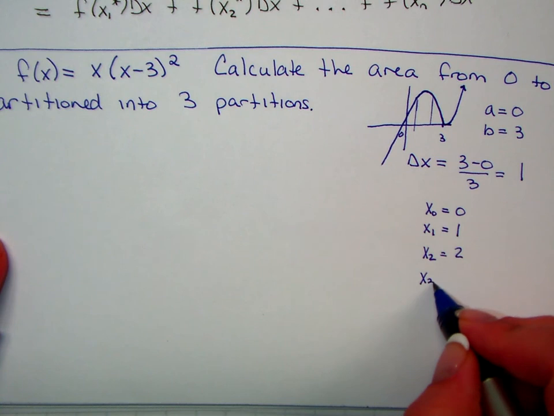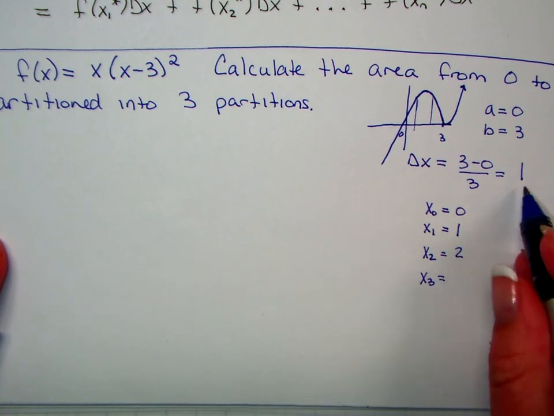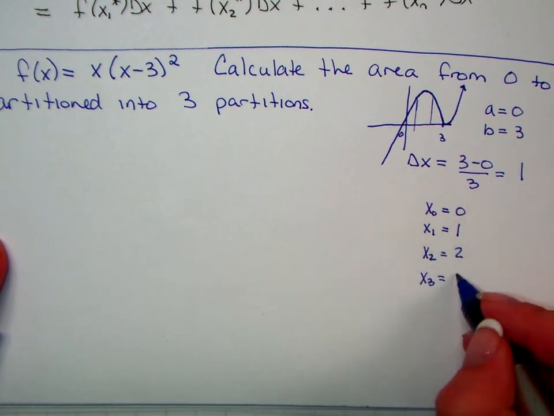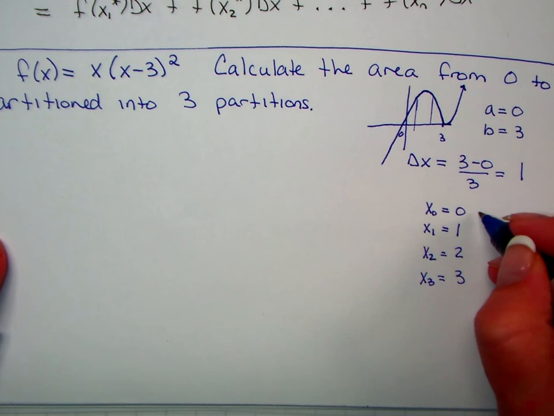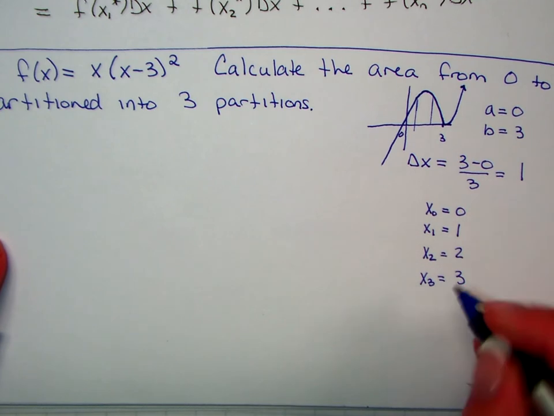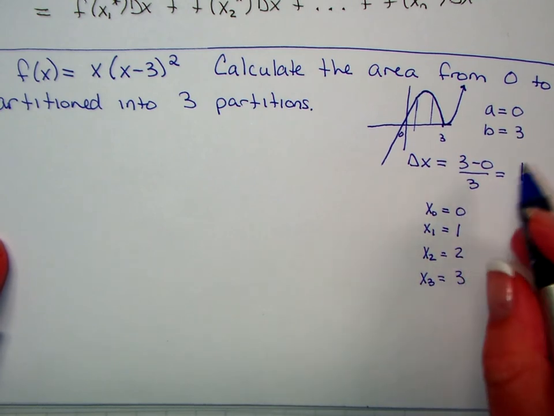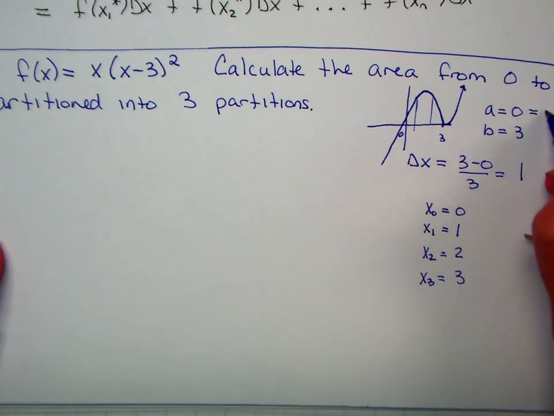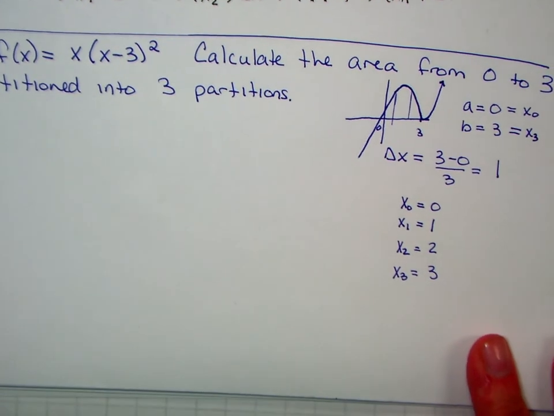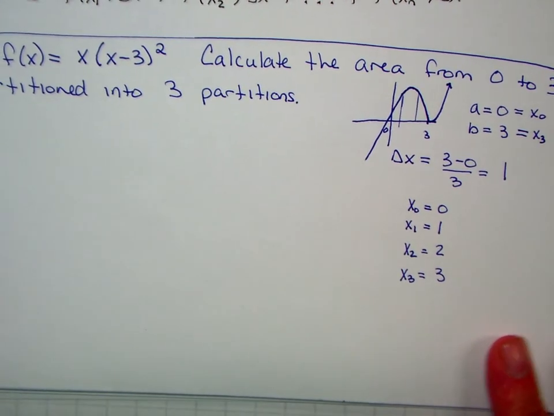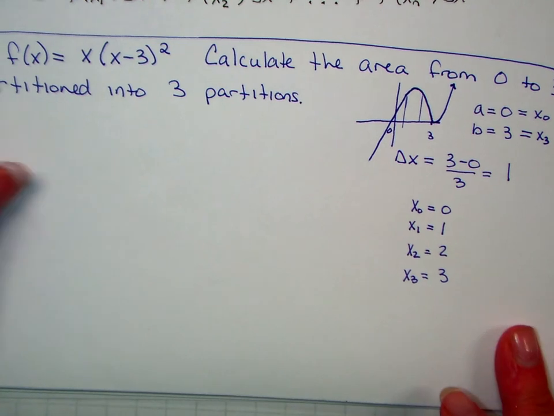And x sub 3 is 0 plus 3 delta x's, so we're going to get 3 here, right? So notice that x sub 3 is equal to b. So this a value should always be our x sub 0, and the b value should always be our last partition there, okay?